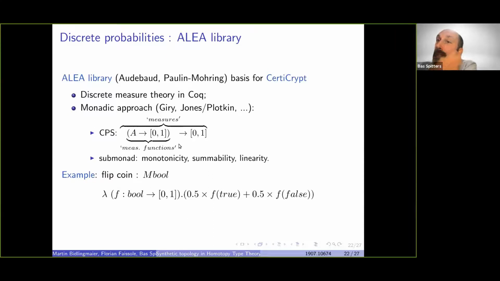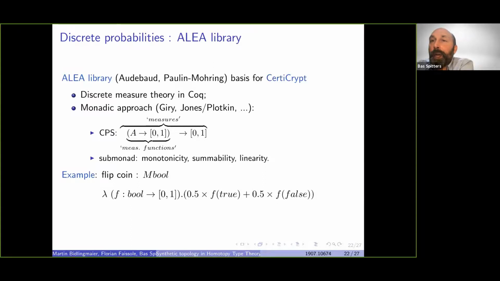So the ALEA library, I alluded to this a number of times before. The ALEA library is the basis for the CertiCrypt and later the EasyCrypt system. So this is a standard system for reasoning about probabilistic programs. There, what they use is a discrete measure in Coq, but again, this only works on discrete spaces.